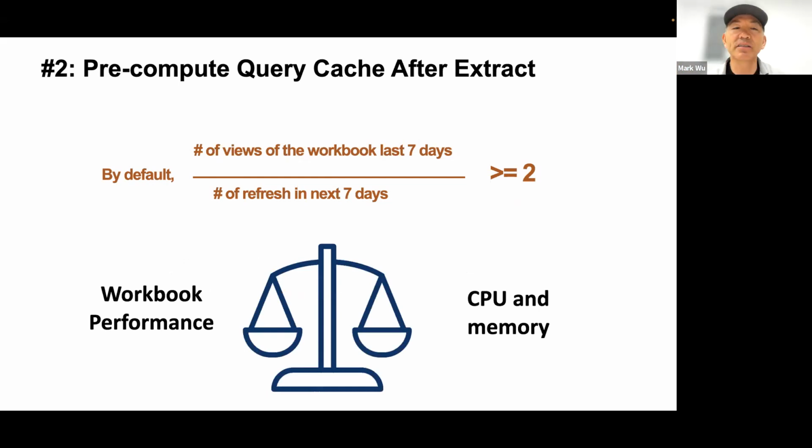By default, let's say a workbook was viewed 14 times in the last 7 days, and this workbook has a daily refresh, so the next 7 days have 7 refreshes scheduled. Since the last 7 days had 14 views, this workbook qualifies as a frequently used workbook.